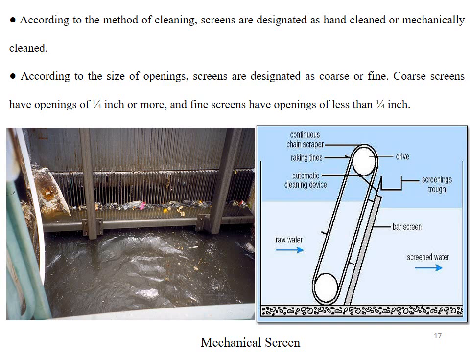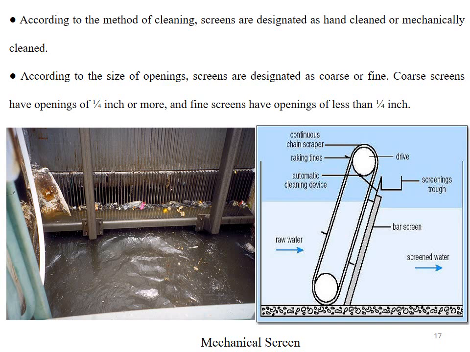In a mechanical screen, there is a chain scraper which collects these coarse particles or relatively large solid particles, and it rotates, and during this rotation it collects the large solid particles and water is moved through it. And the other one, which is manual, is also shown over here.